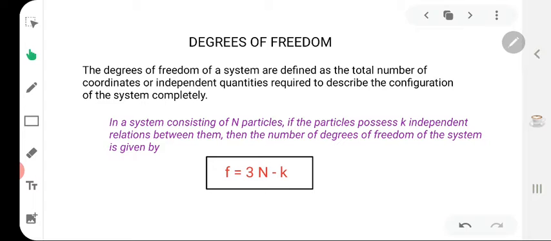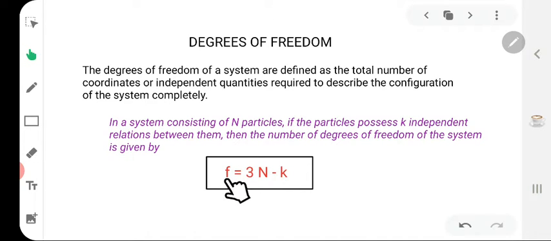Where are the particles present inside the system, and what is the distance between these particles? So, how many independent relations exist between the particles? If we denote that with k, so if the particles possess k independent relations between them, then the number of degrees of freedom of the system is given by this expression.